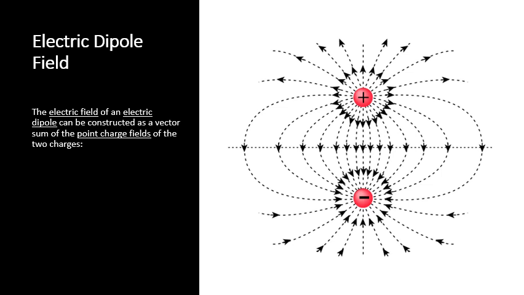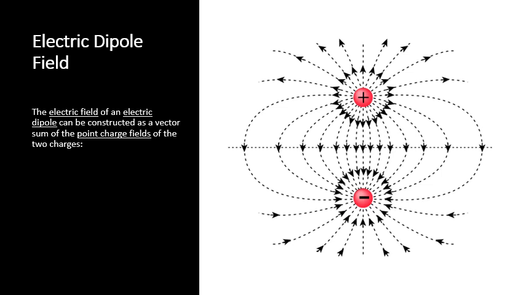Here we have shown the electric dipole. If the dipole is there, it forms a dipole field. This field is similar to a magnetic dipole field.